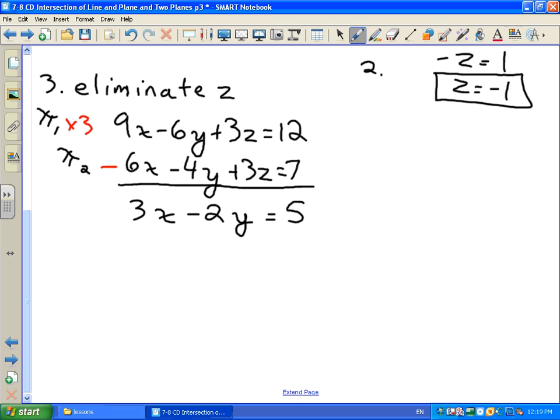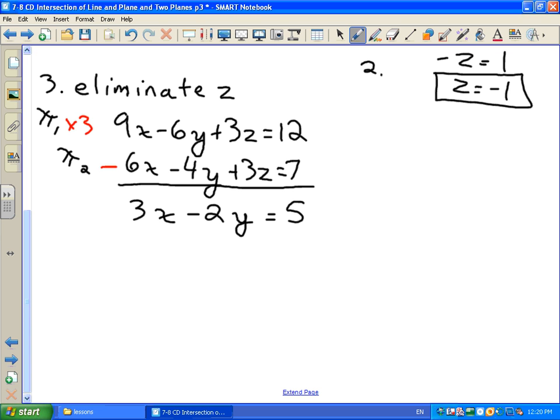We want to rearrange this to get one of our other expressions. So we have a choice here. In the last example, because at step 2 we had an expression for x in terms of one of the other variables, we wanted to get an expression for one of our other variables in terms of that same variable. Now we don't know which way to go.